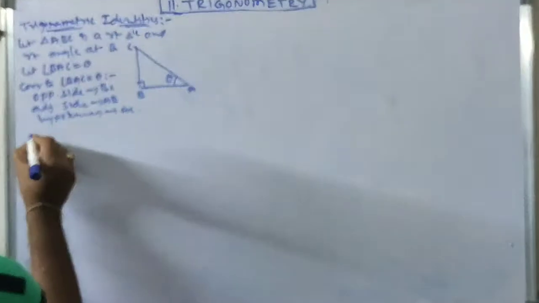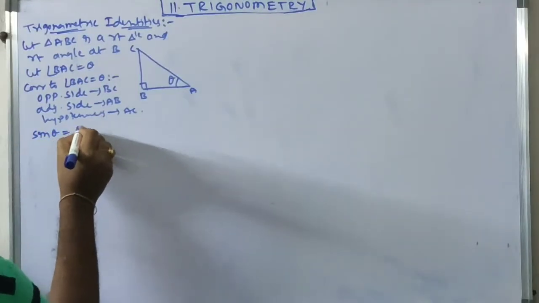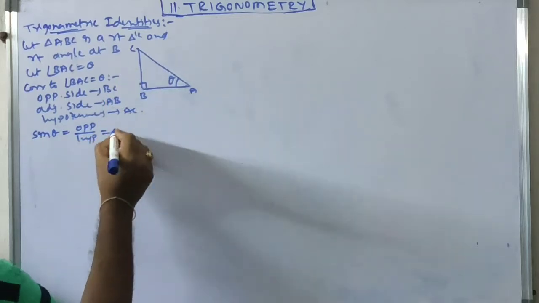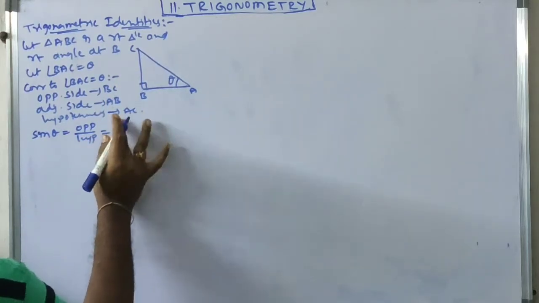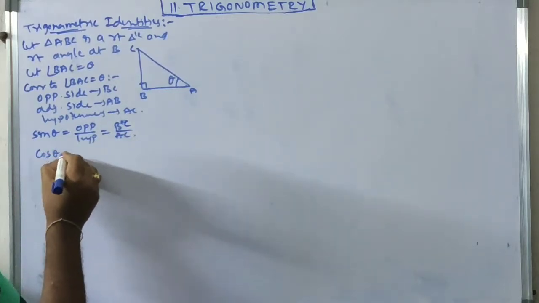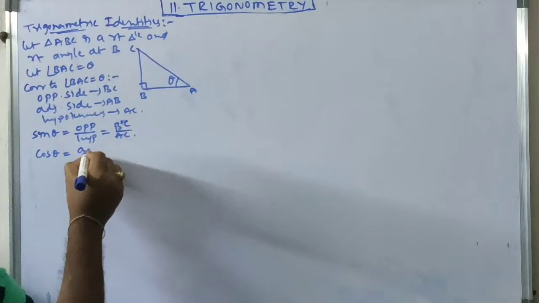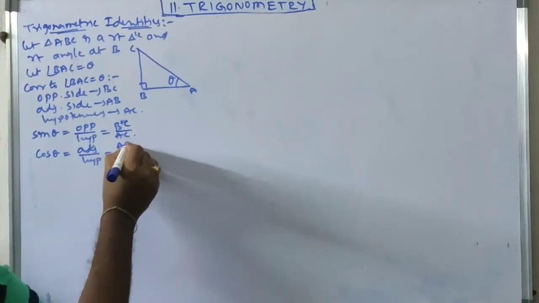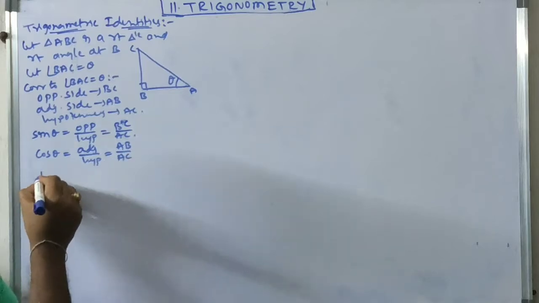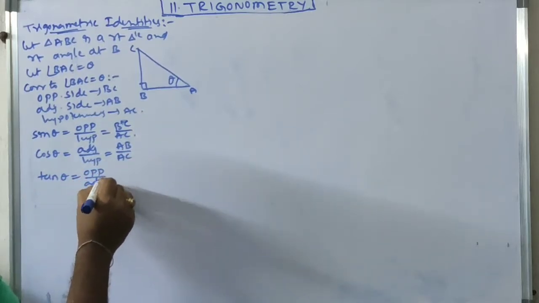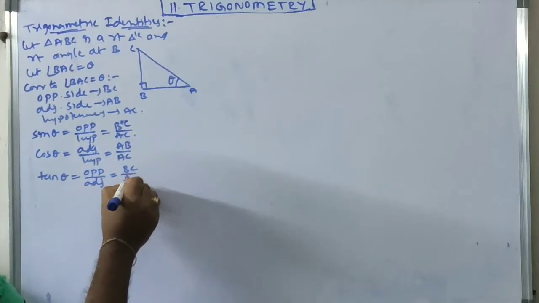Sin theta equal to opposite by hypotenuse, which is BC by AC. Cos theta equal to adjacent side by hypotenuse, which is AB by AC. Tan theta is opposite side by adjacent side, which is BC by AB.